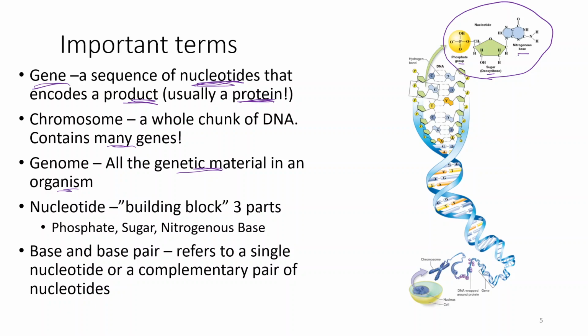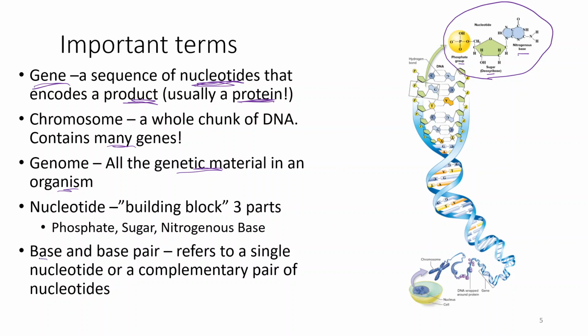And so we talked about the nucleotide building block. So many nucleotides makes up a gene, many genes makes up a chromosome, and many chromosomes makes up a genome. So nucleotides have a particular way of pairing.